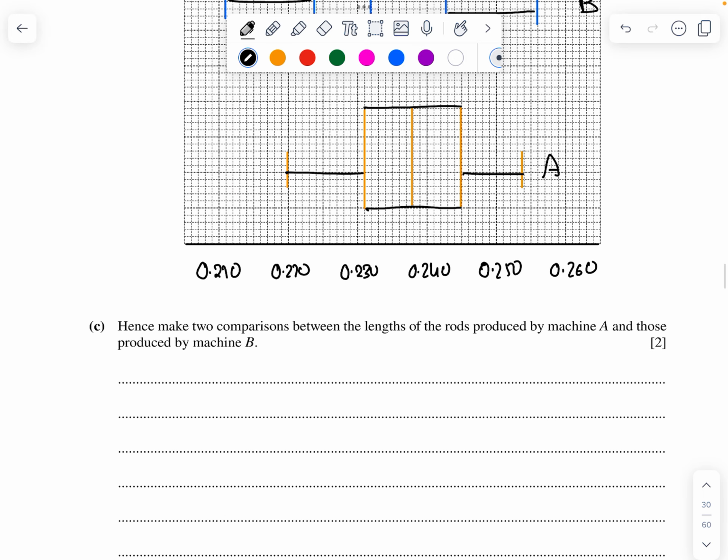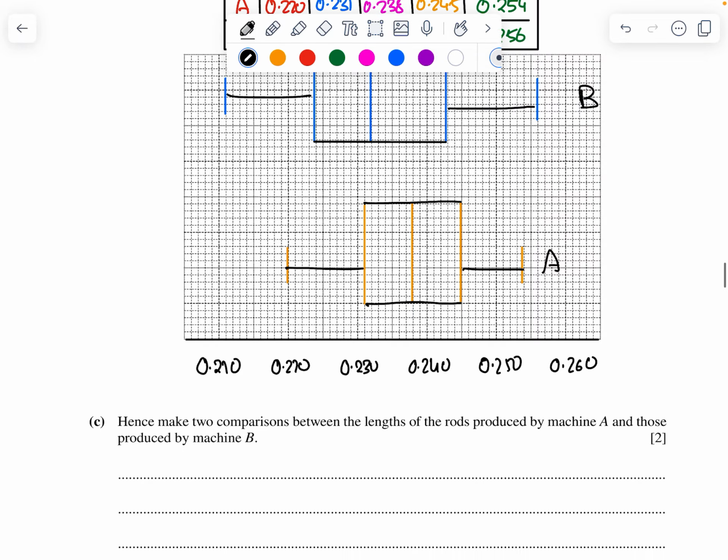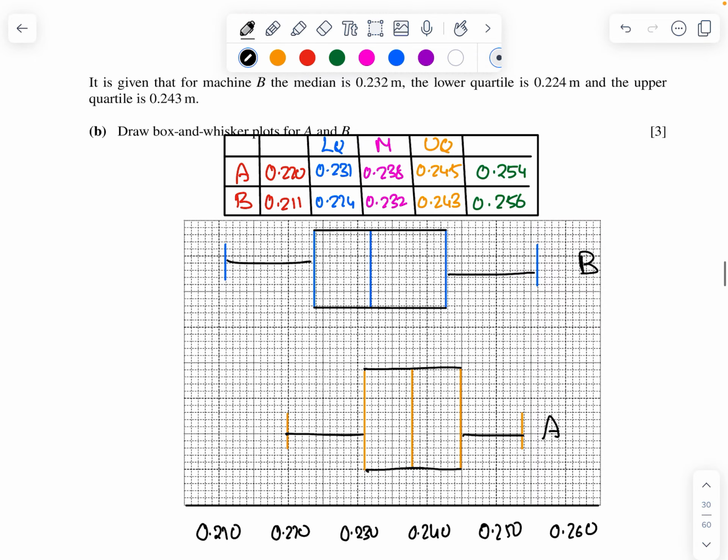Then, to mark two comparisons between the lengths of the rods, what we can see is the difference between them. For A, Q2 minus Q1 is 0.007 and Q3 minus Q2 is going to be 0.007.